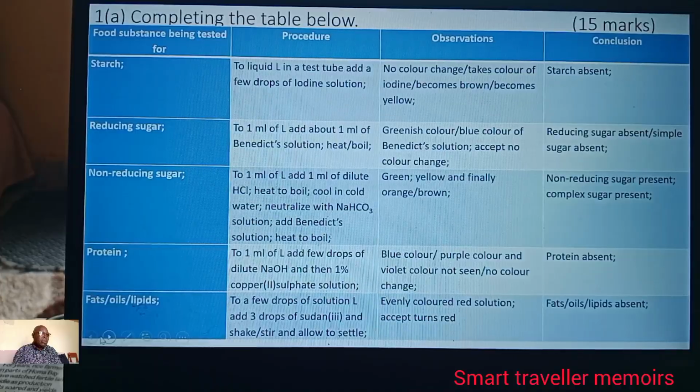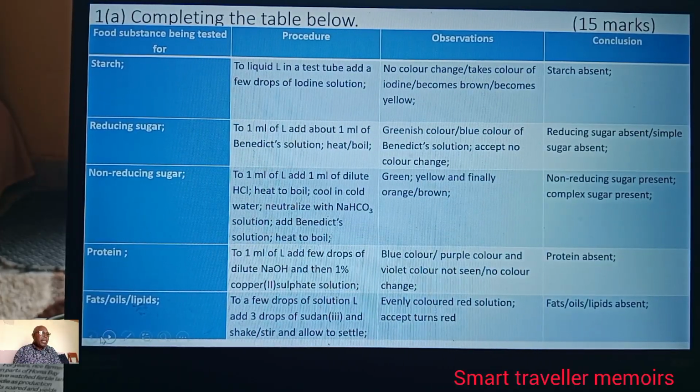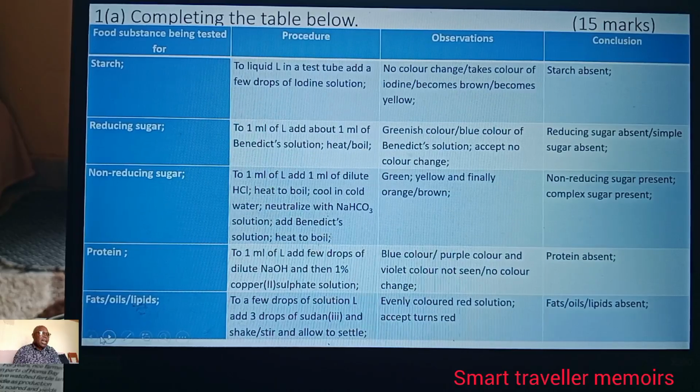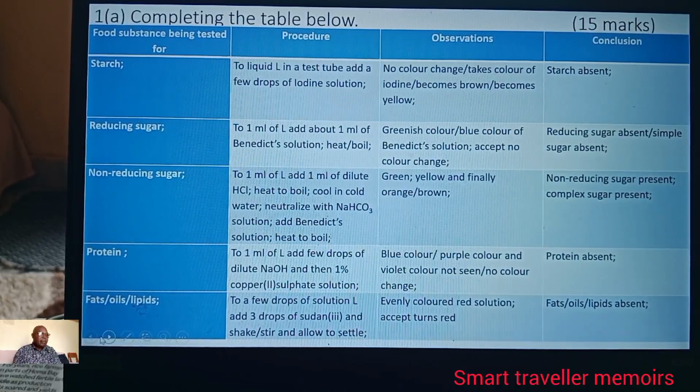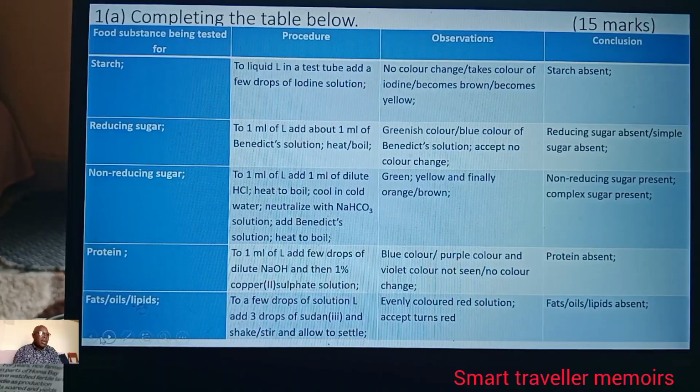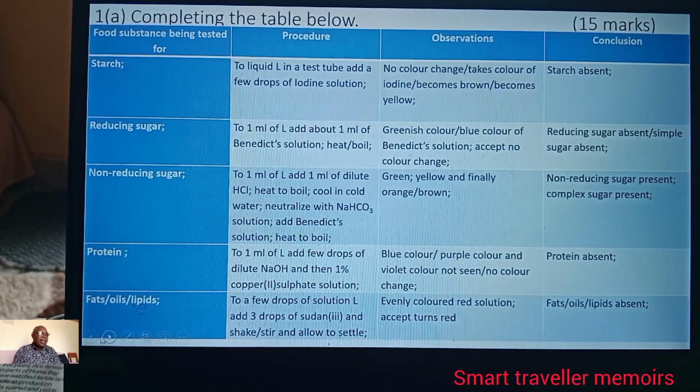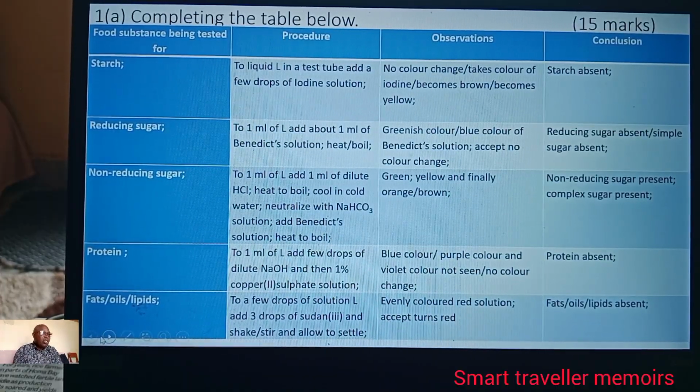Reducing sugar: to 1 ml of L add about 1 ml of Benedict solution. Heat to boil. Now, you add 1 ml, and about 1 ml means you can say to 1 ml of L add an equal amount of Benedict solution.